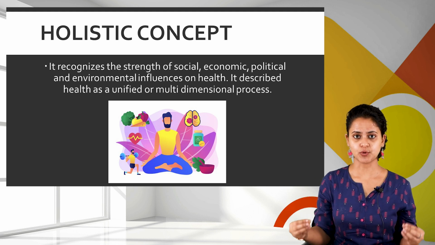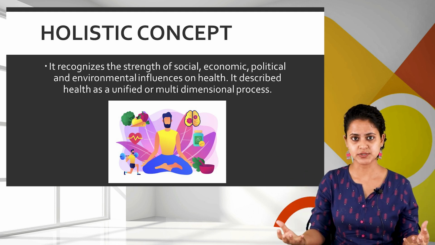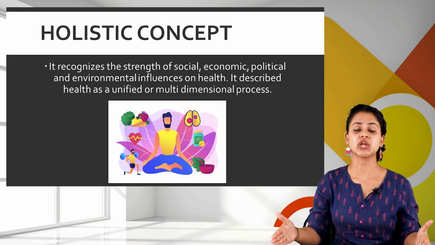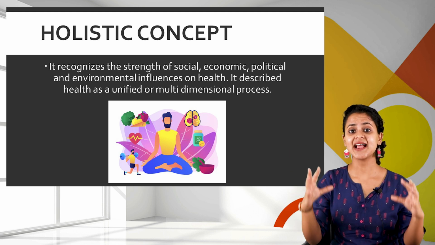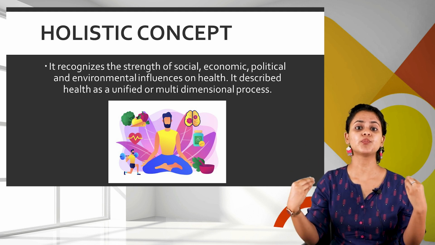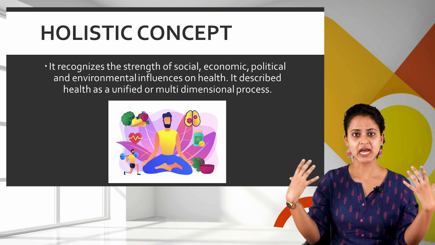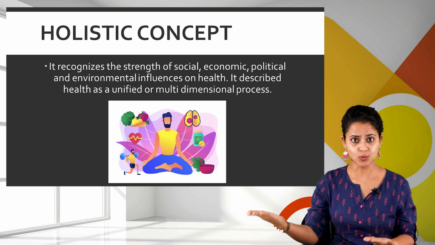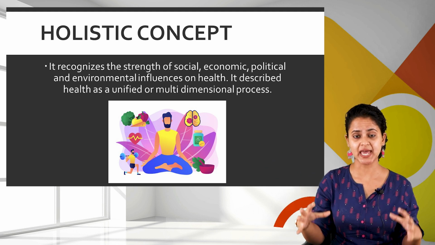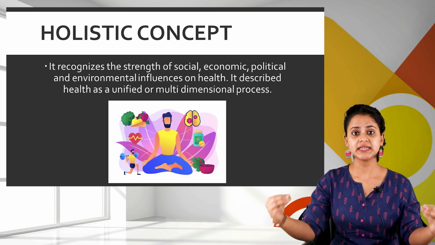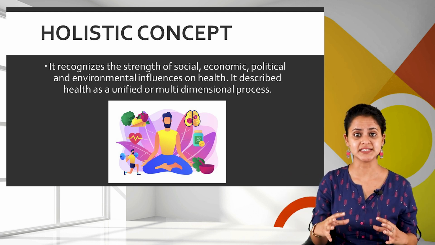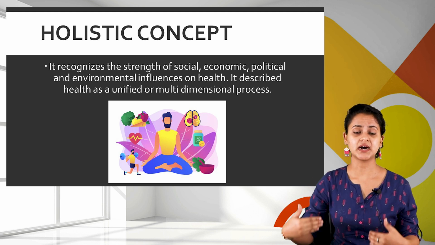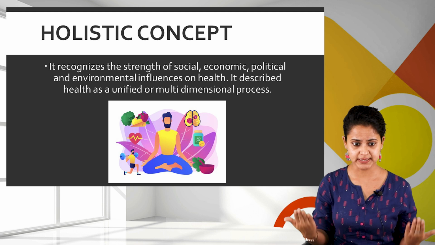So in the holistic approach, we are seeing that the individual's well-being is considered as a whole person, where it is said that health is a multi-dimensional process. It has different dimensions, and a healthy person is one who is managing and maintaining a normal living without the presence of any disease, and maintaining an equilibrium with the environment surrounding them.